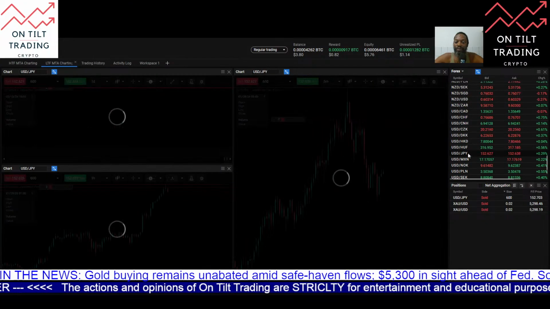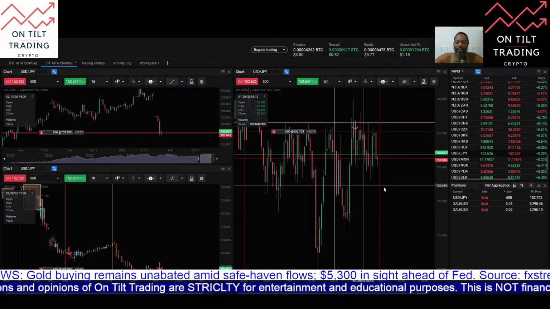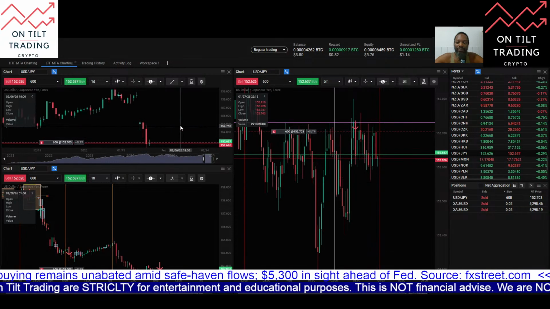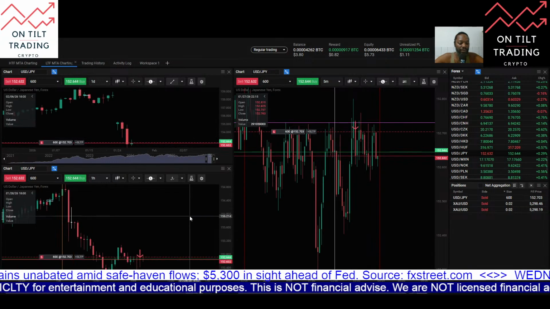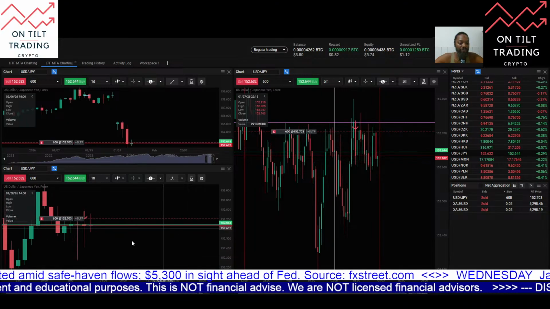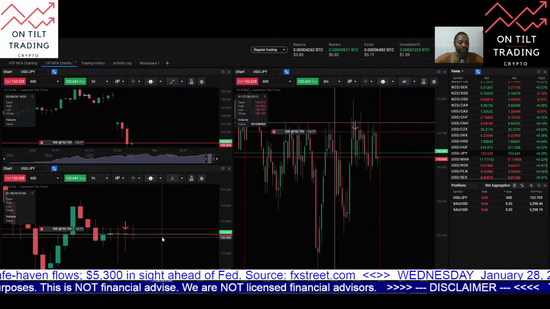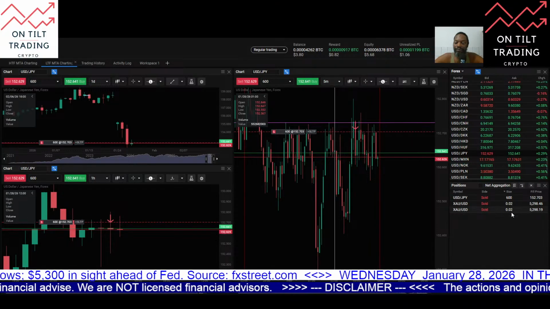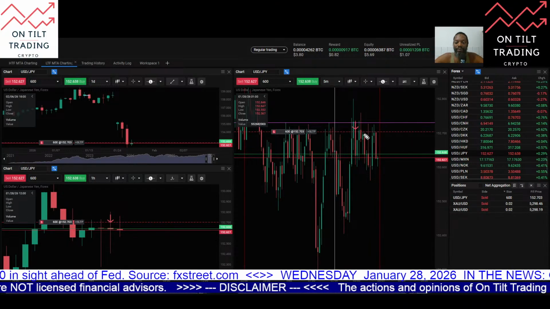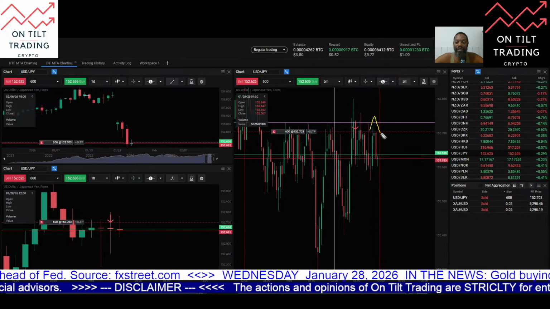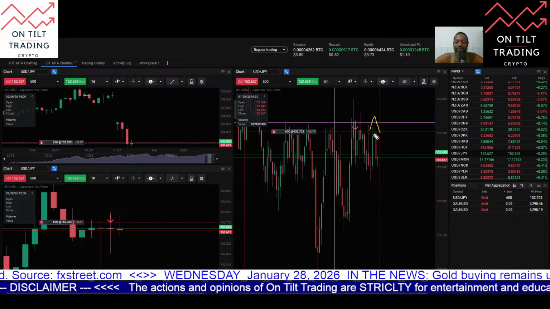Come back over to USD JPY. Still consolidating in the same area where it put in the second consecutive 5-minute low. Now there's a clearly established swing high here that was put in on that previous pullback.